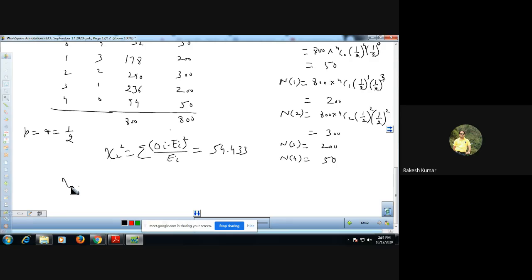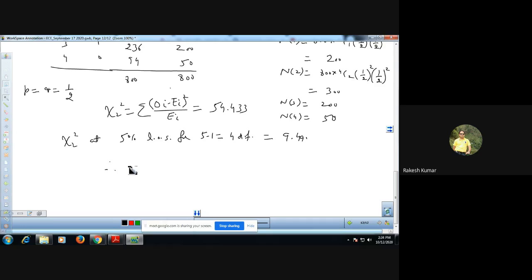Now, chi-square at 5% level of significance for 5 minus 1 equal to 4 degrees of freedom is 9.49. So the calculated value is greater than the tabulated value. The null hypothesis is rejected.